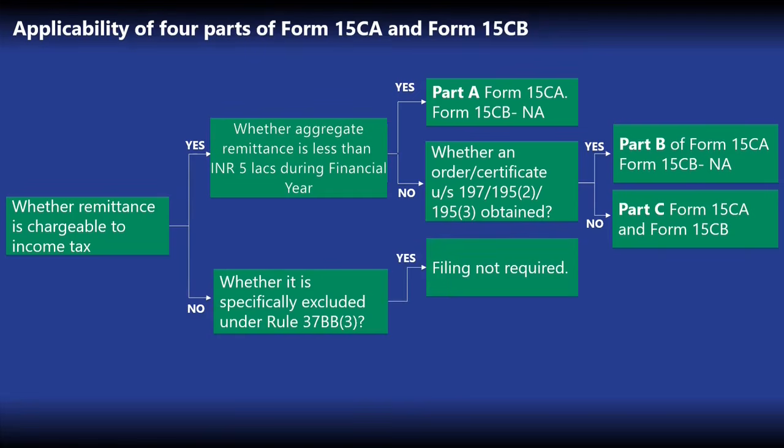If yes, then filing of Form 15CA or Form 15CB will not be applicable. If the amount is not excluded under Rule 37BB3, in that case, Part D of Form 15CA will be applicable and Form 15CB will not be applicable where the remittance is not chargeable to income tax.